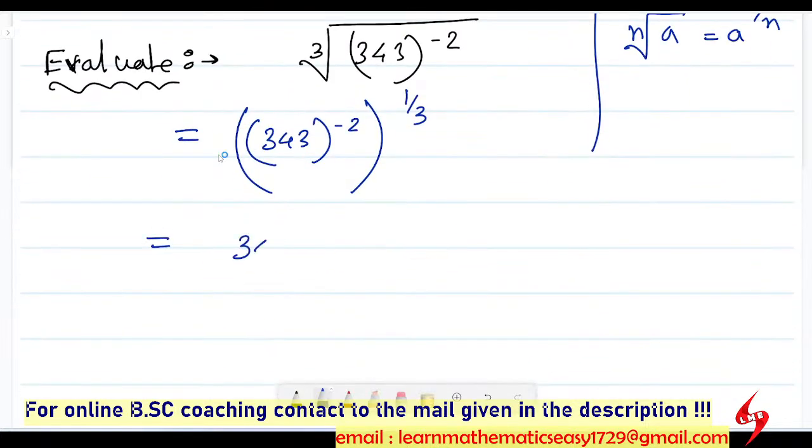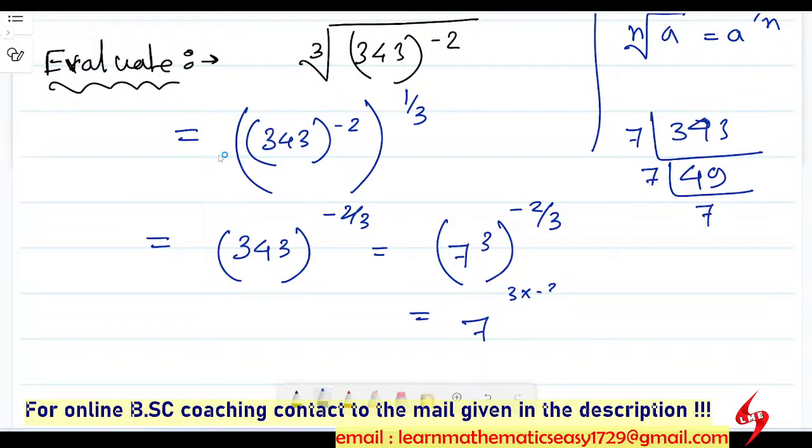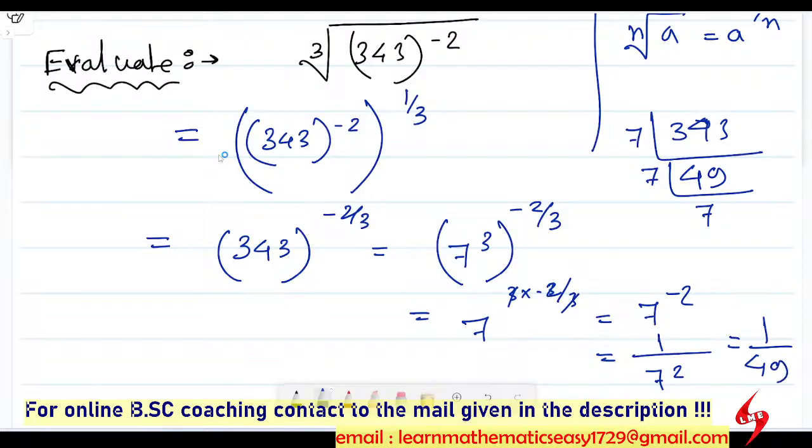Here I am multiplying these two powers, 2/3 as well, and 7 cube is 343. So again the multiplication happens, and the 3 will be cancelled. So 7 to the power minus 2. That will be 1 by 7 to the power 2, and that is 1/49. Got it?